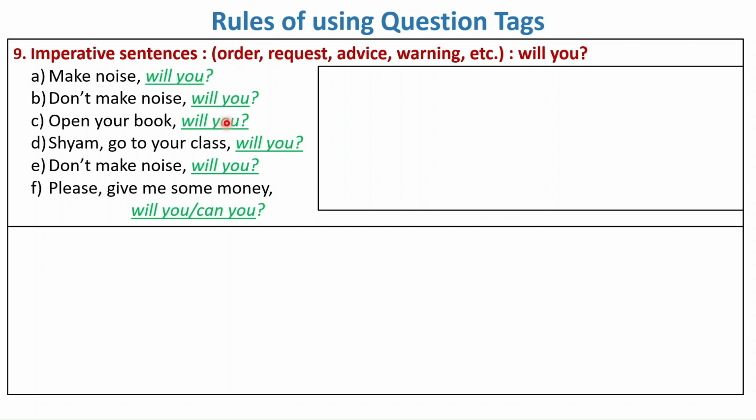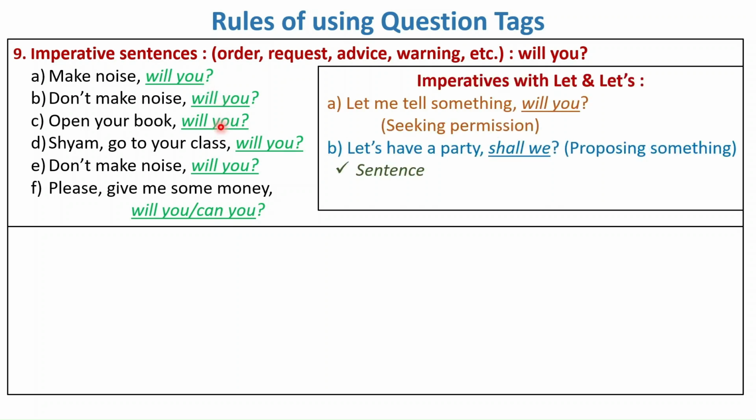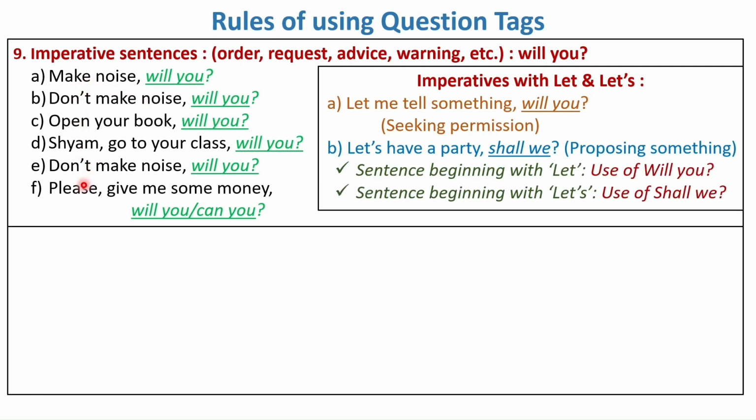First of all, we have to understand that why we use will you with all these type of imperatives. Because when using imperative sentences, we are giving order, request or advice to someone or somebody. It may be negative or positive sentence, but we are giving order. We are making request using positive or negative structure.